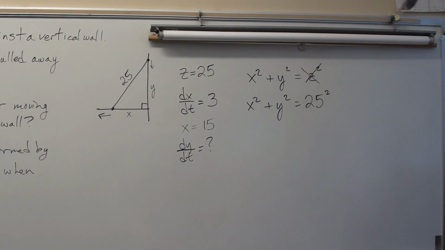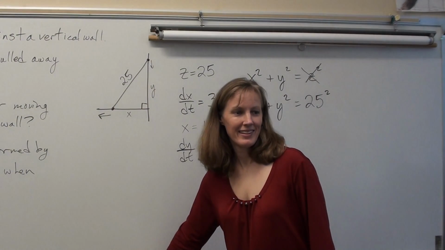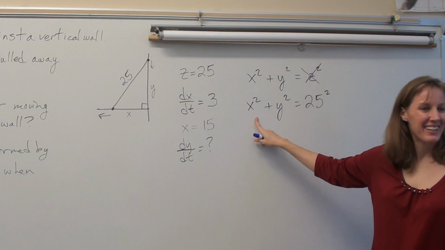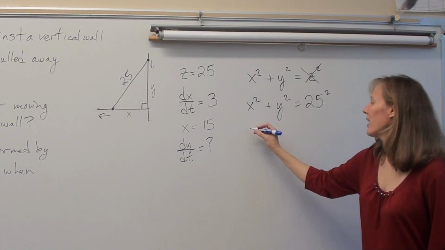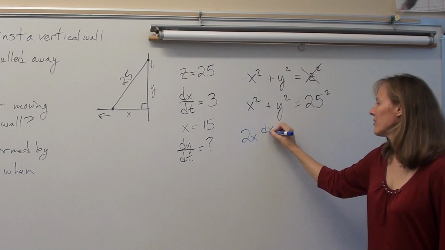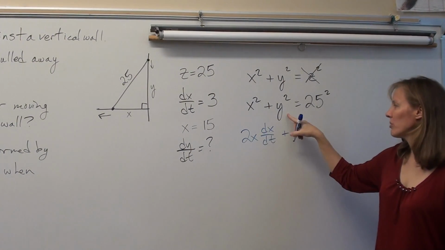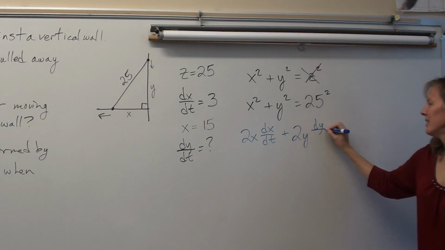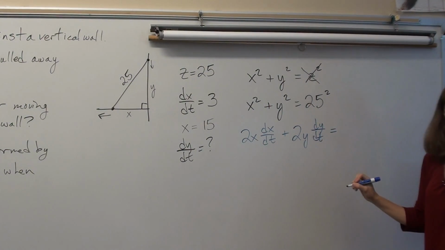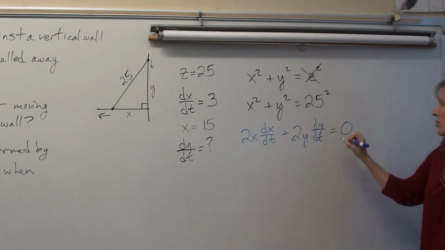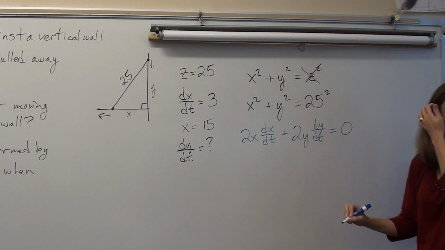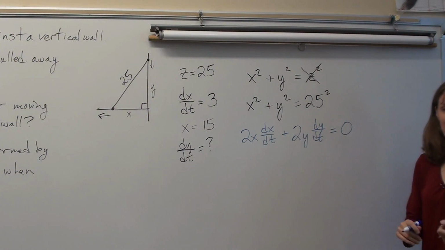I see some good and some with issues. What's the derivative of x squared? 2x dx/dt. Good. Everyone get that? What's the derivative of y squared? 2y dy/dt. What's the derivative of 25 squared? 0. It's not 2 times 25 d25/dt? No. What would the rate of change of the number 25 be? 0.